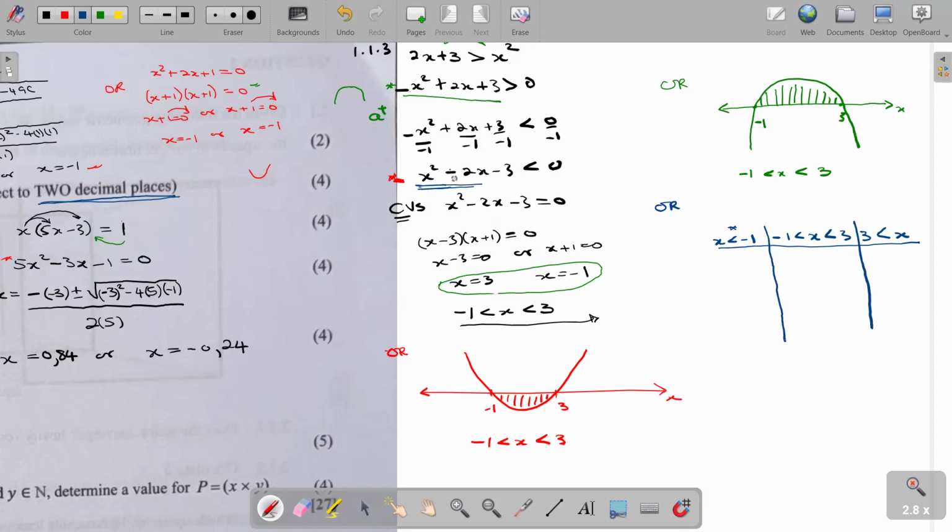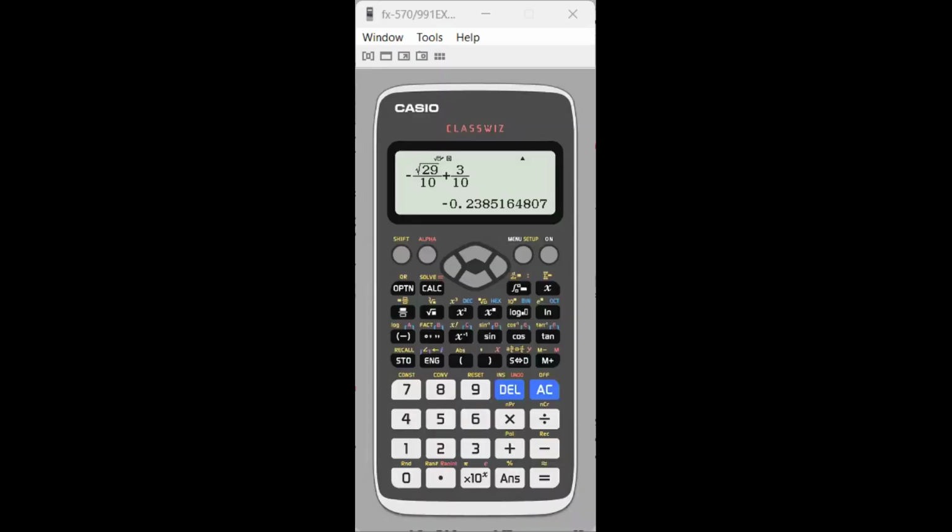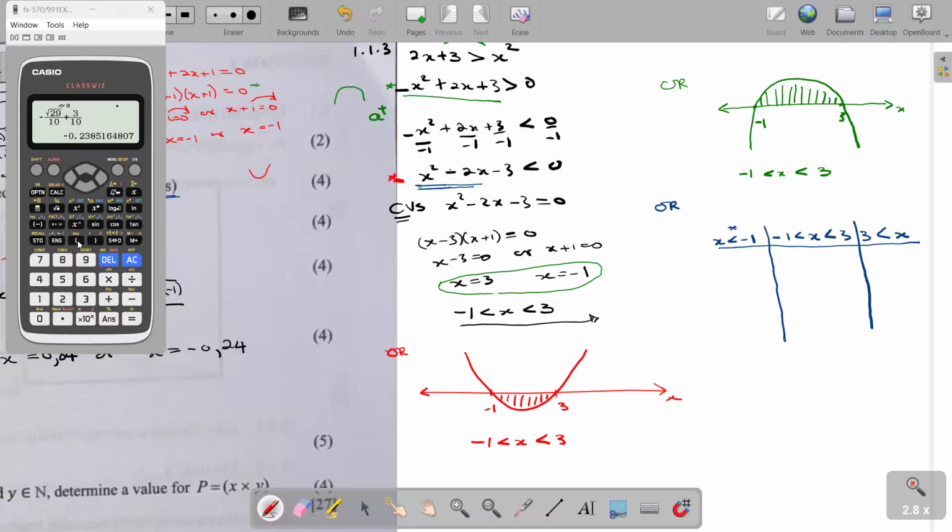So go to your calculator and substitute the -2.